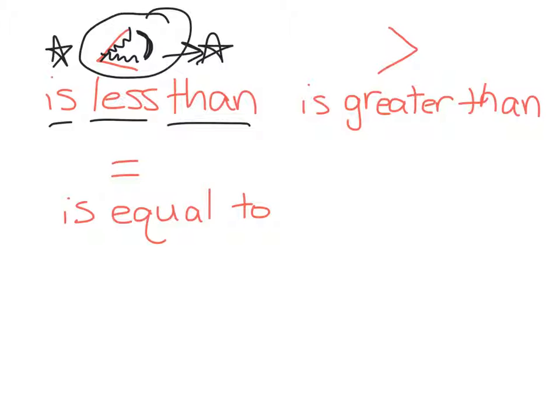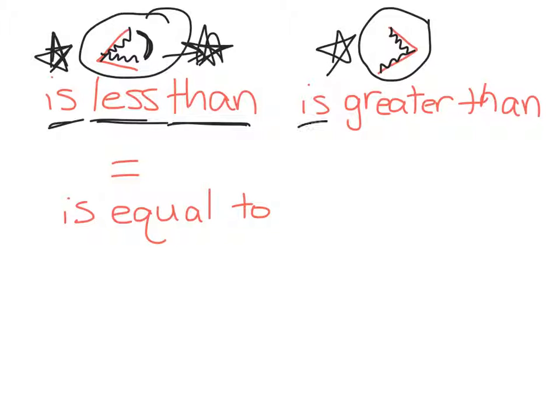So here you have the number on this side of the crocodile teeth is less than the number on this side of the crocodile teeth. Then this symbol next to it here is the opposite. So this symbol says that, looking at your crocodile teeth, the number on this side of the symbol is greater than the number on this side of the symbol.